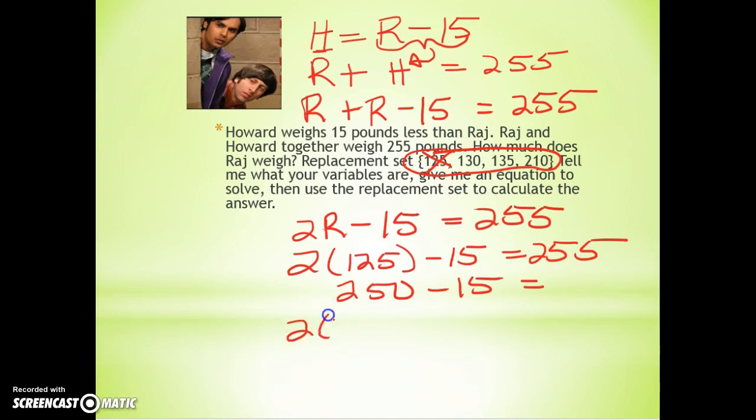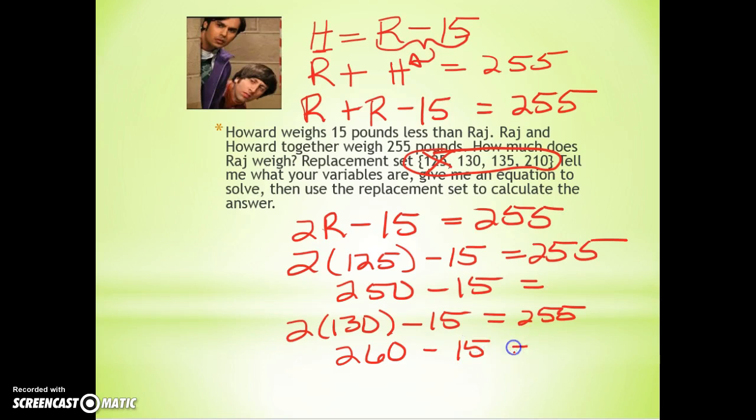Let's try 130. Does this equal 255? 2 times 130 is 260 minus 15 is equal to, close, 245. Just checking here, making sure I did the math right.